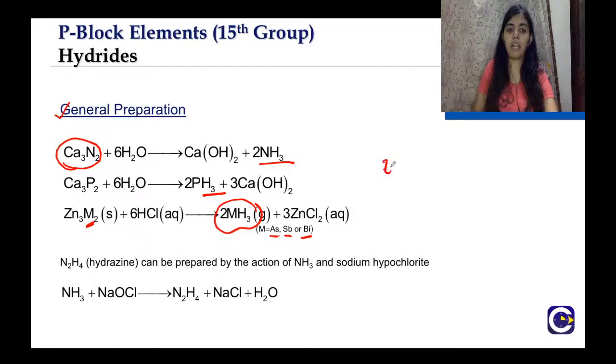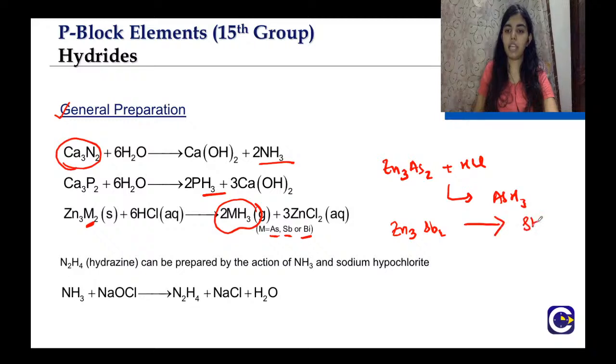For example, Zn3As2 plus HCl will give you AsH3, right? Similarly, Zn3Sb2 in the presence of HCl will give you SbH3. Now hydrazine can be prepared by the action of ammonia and sodium hypochlorite. So sodium hypochlorite plus ammonia will give you hydrazine.